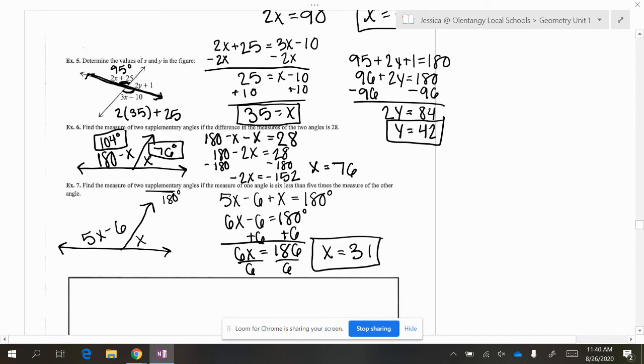Now we have to find the measure of those angles. So this angle, since it's just x, it's 31 degrees. And then 5 times 31 minus 6 is 149.